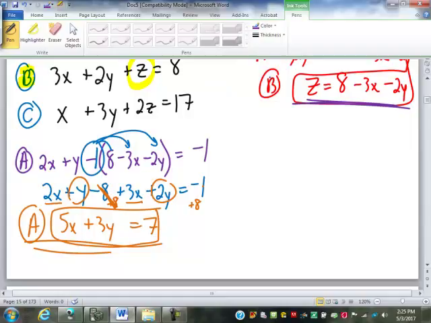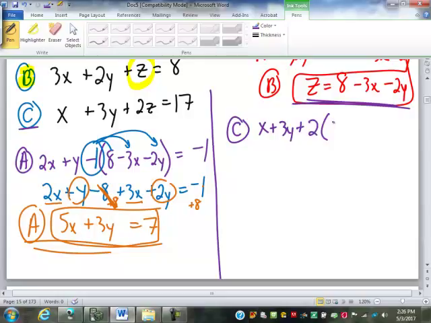So now the equation I haven't used yet is C. So let's use equation C here. x plus 3y plus 2 times, instead of z, we're going to use 8 minus 3x minus 2y. That equals 17.